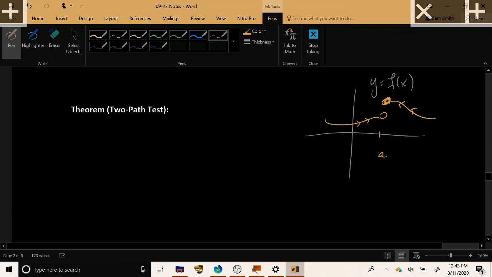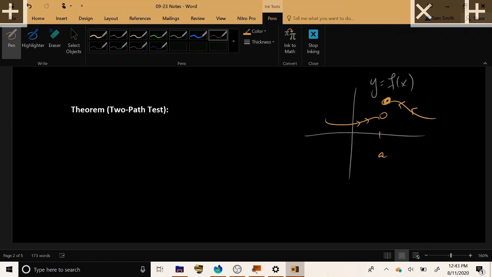If I got a consistent limit from both the left and the right-hand side, then we said that the limit existed. But if there was a discrepancy between the output that we got from the left-hand side and the right-hand side, then we say that the limit doesn't exist.